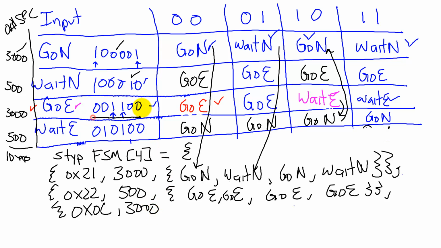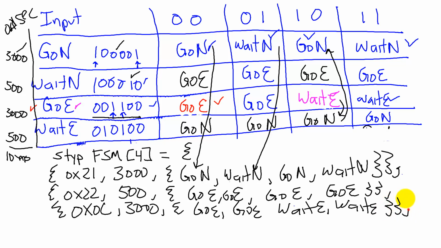Again, that number right there, 0C. And there are my 4 states. Go E, wait E, wait E. And then we got one more, which was the 0x14. That's this number. 5 seconds. And then all of these are go-ins.